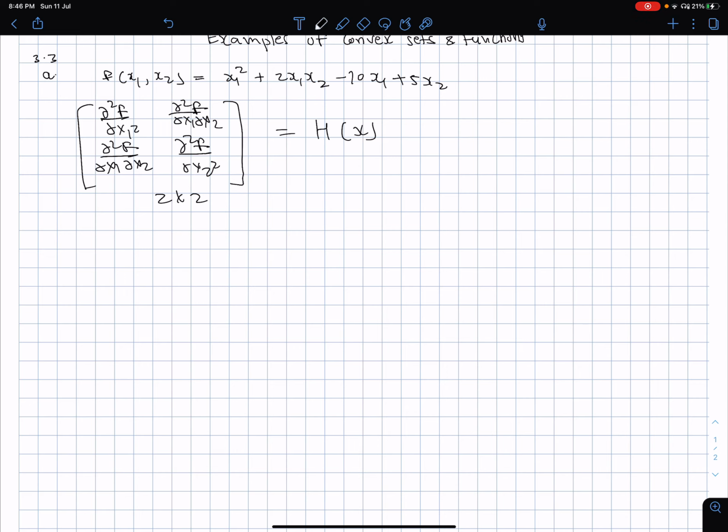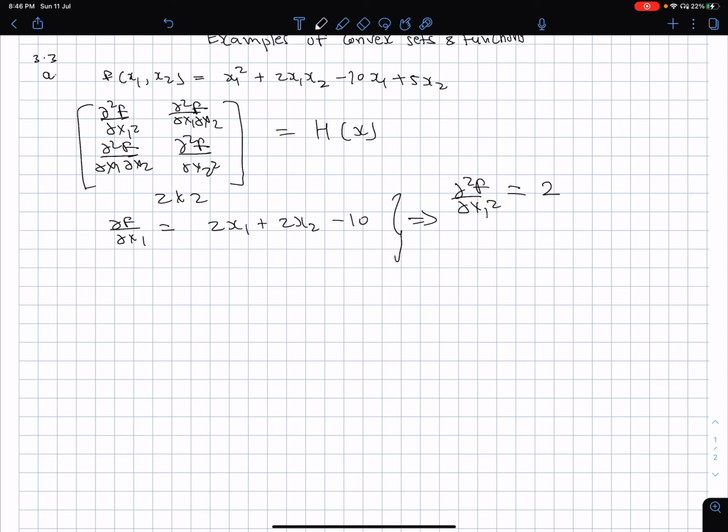So if you take del f with respect to x1, this is going to be 2x1 plus 2x2 minus 10, correct? 2x1 comes from here, 2x2 comes from here, minus 10 comes from here. The partial derivative with x1 of the last term does not exist. So this leads to del square f by del x1 square, which is taking the partial derivative of this with respect to x1, being equal to 2.